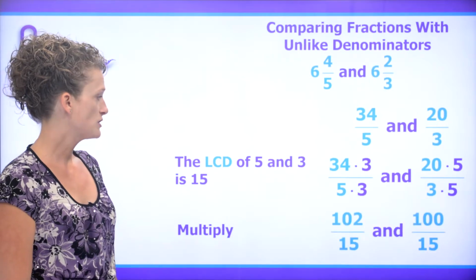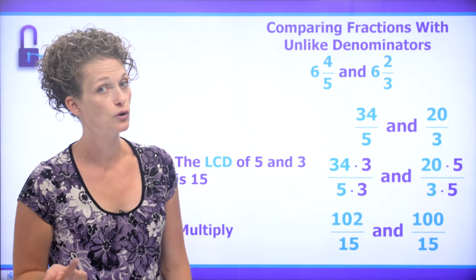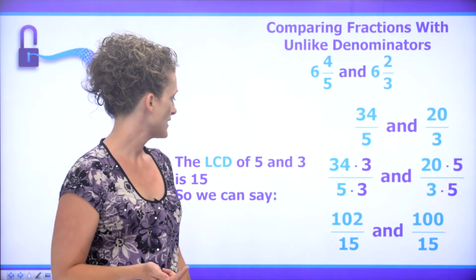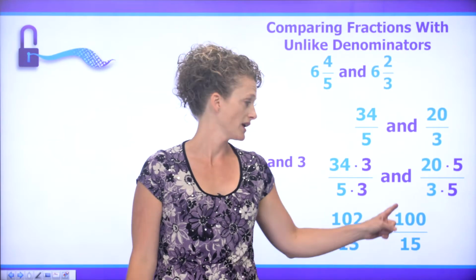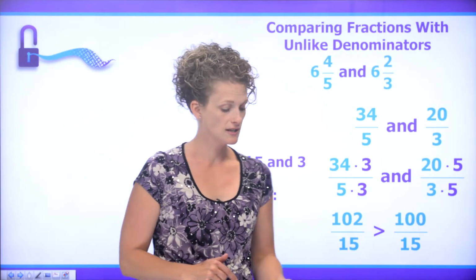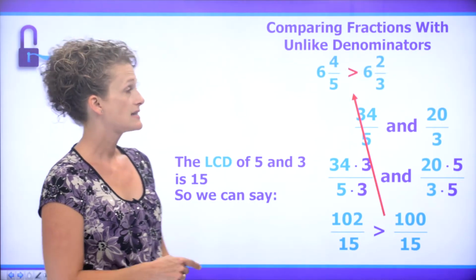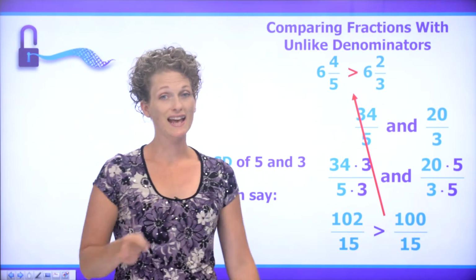So if we go ahead and do that multiplication, we get 102/15 and 100/15. So from that, we can say that 102/15 is greater than 100/15. Now we want to go back to our original fractions, and we can now say that 6 4/5 is greater than 6 2/3.